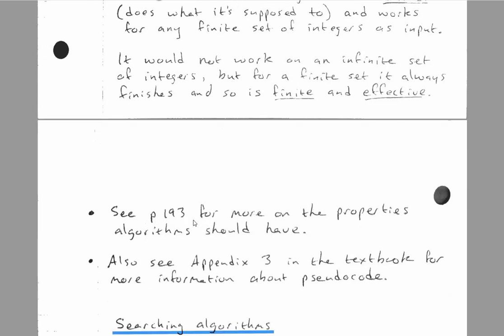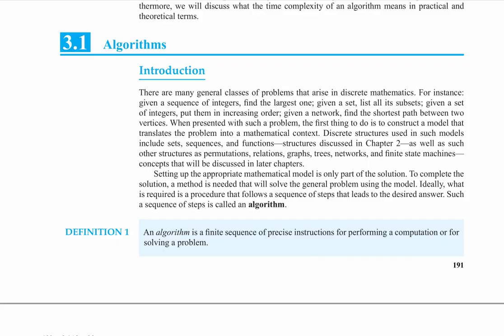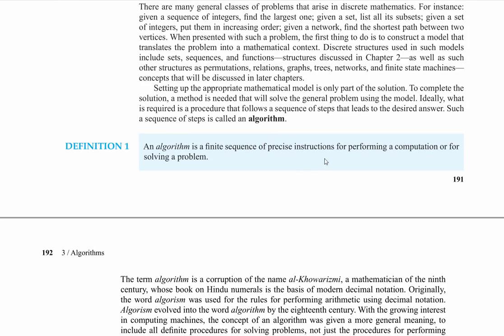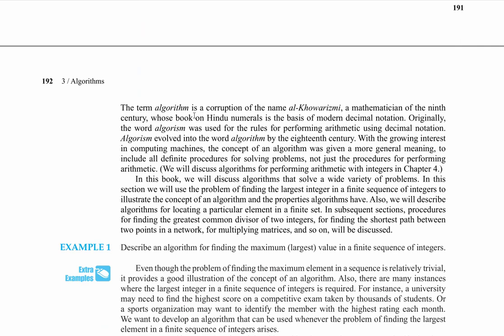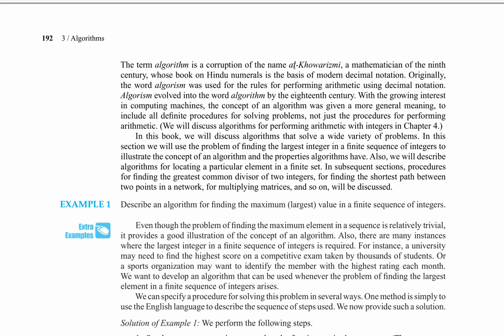Yeah, so let's take a look in the book. Here's the definition I copied. The kind of strange word algorithm comes from the name of this mathematician, Al-Khwarizmi.